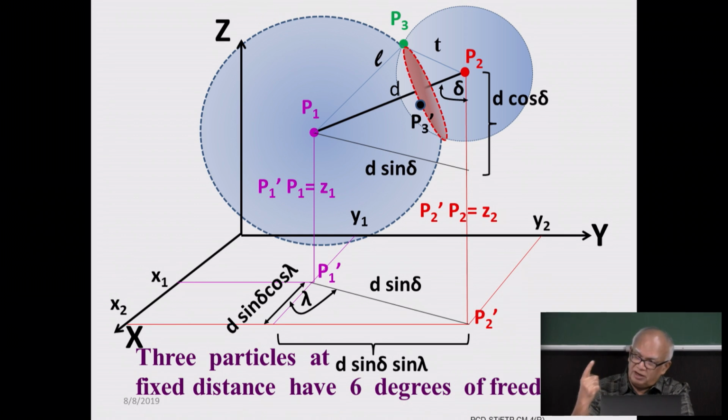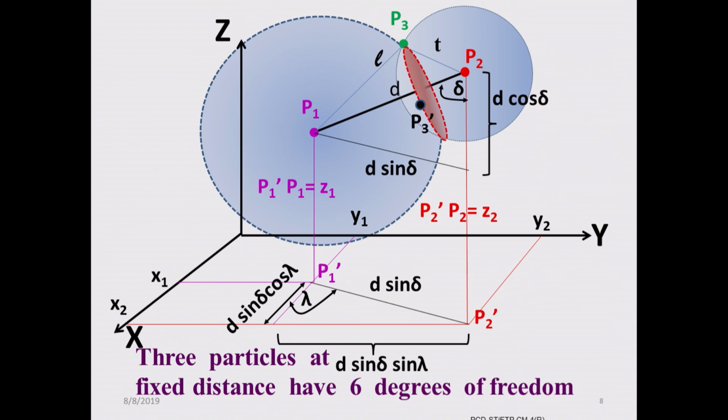So it has only 1 degree of freedom, which you can express as some sort of an angle from the center of the circle in the plane. You can think of some reference axis, and that single degree of freedom will be required to pin down the third particle.